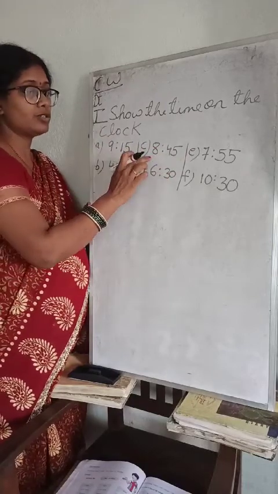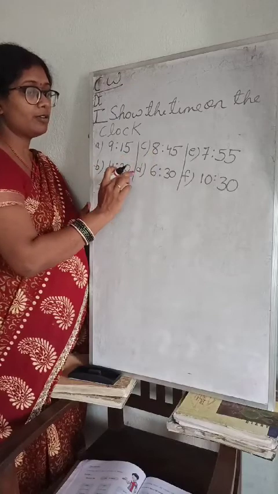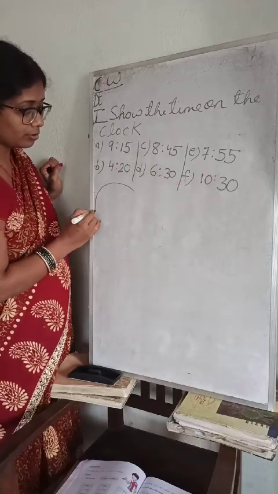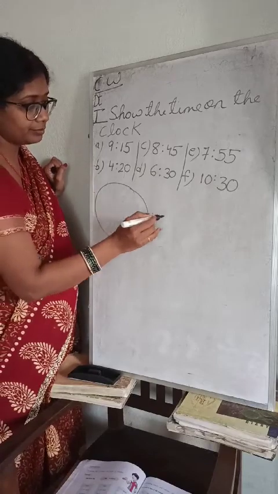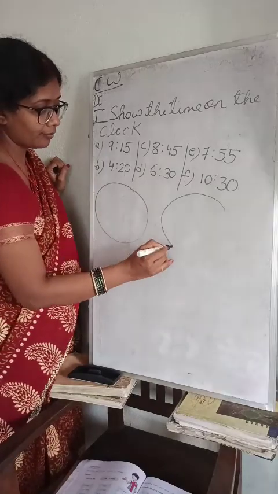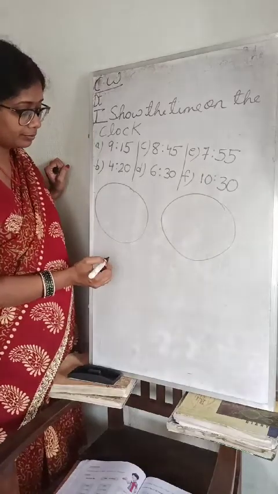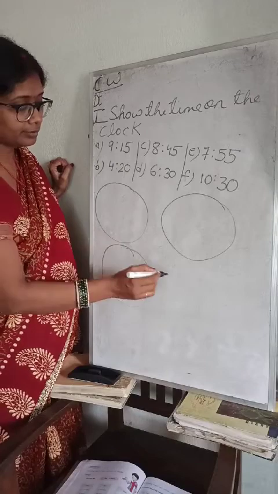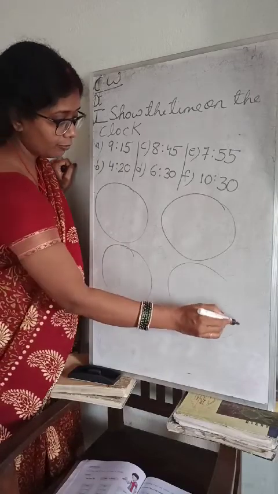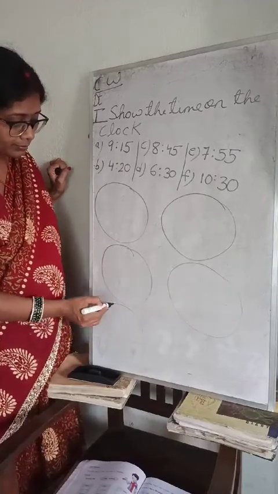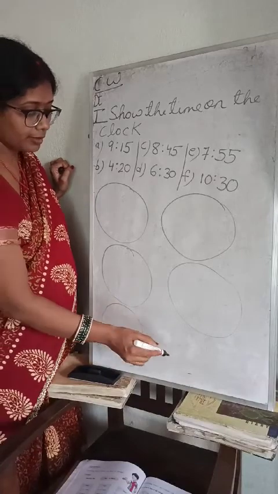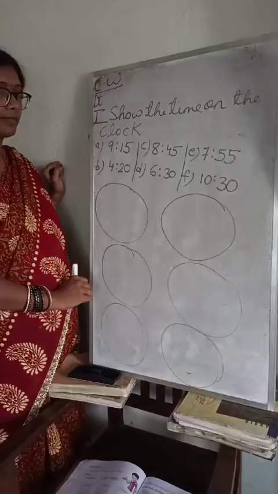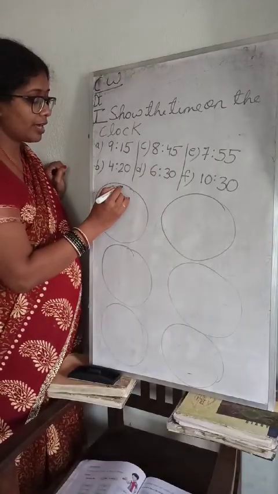Okay? 1, 2, 3, 4, 5, 6. 6 clocks you are going to draw, and you will write down the numbers.